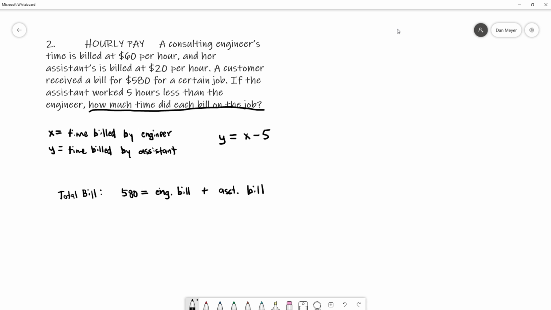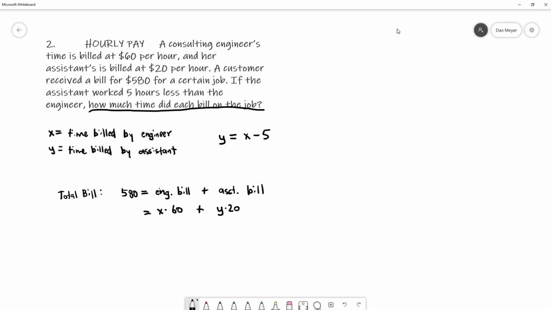The amount billed by the engineer is her time, X, times her rate. She bills at $60 an hour. And the assistant's bill is the assistant's time times the assistant's rate, $20 an hour.